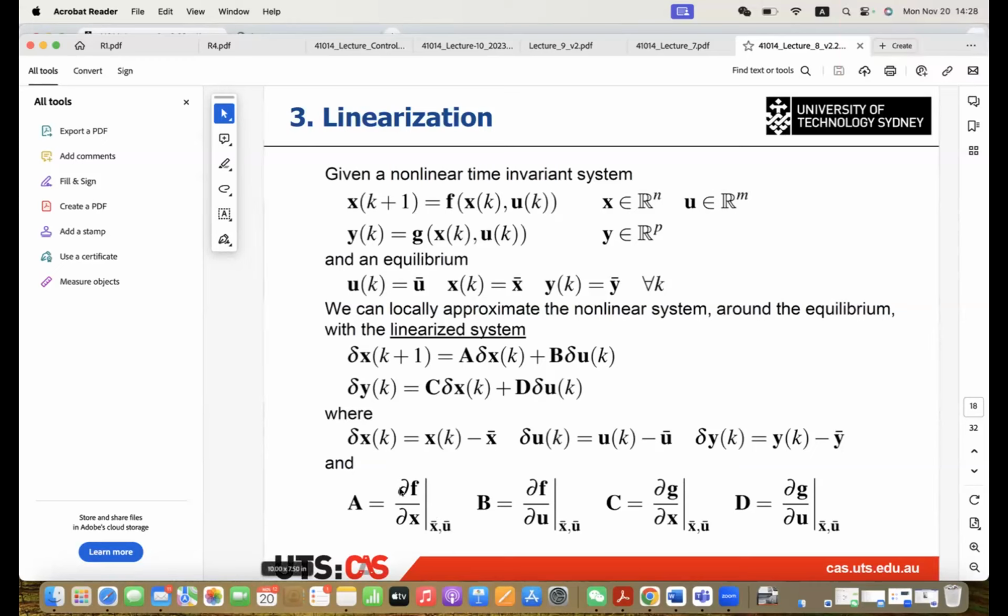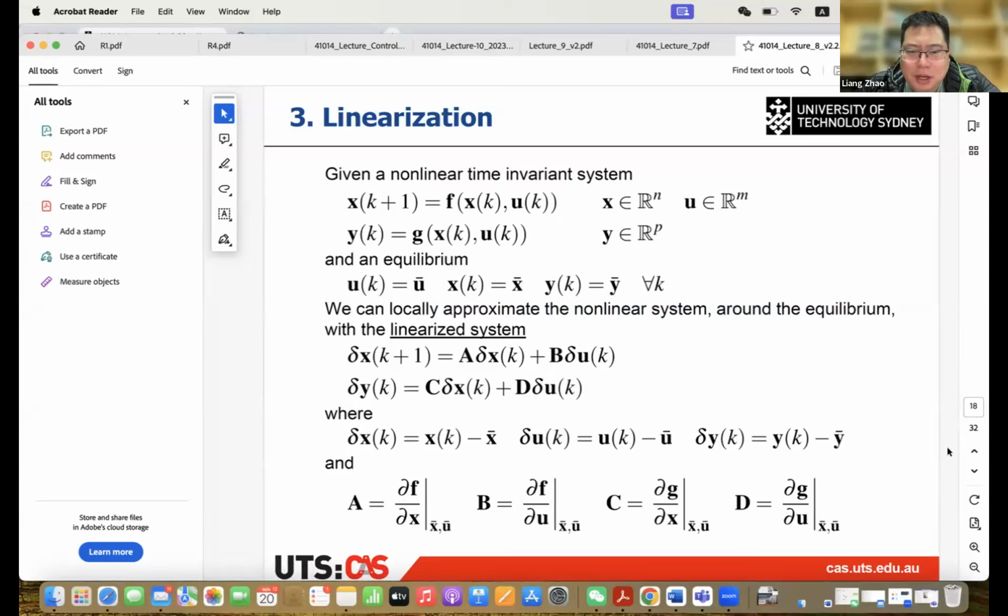Before that, I want to mention one thing: those partial derivatives need to be evaluated at the equilibrium point. You can't evaluate them at any other points. Then how to calculate this? Let's give an example of A.